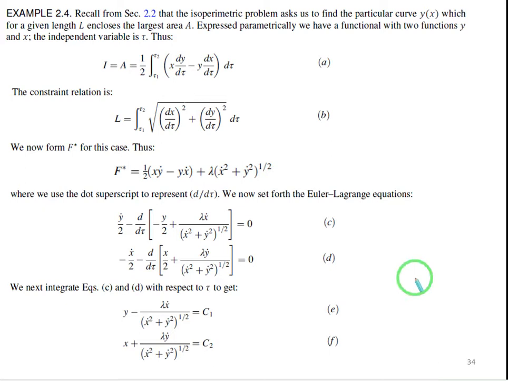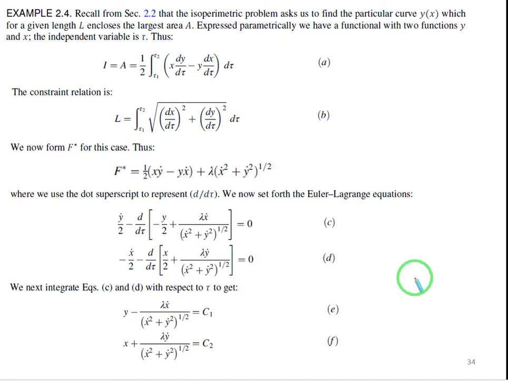Let's now speak about an example to make this subject more clear. Let's recall our first problem we introduced at our first lectures.